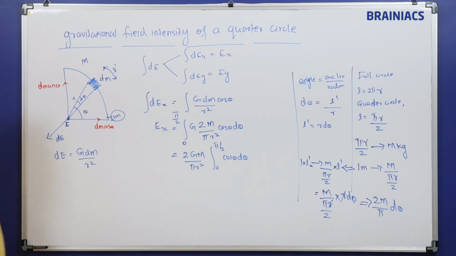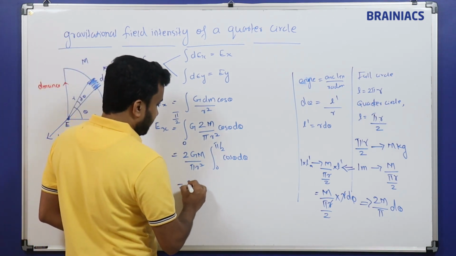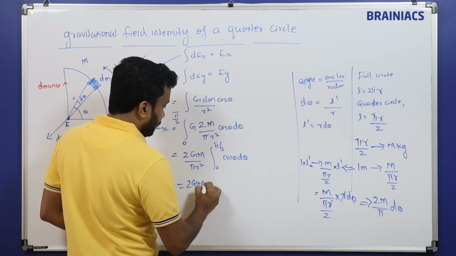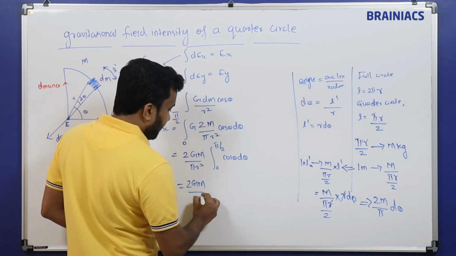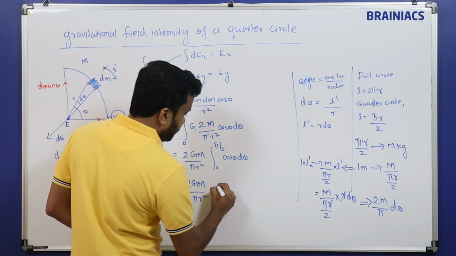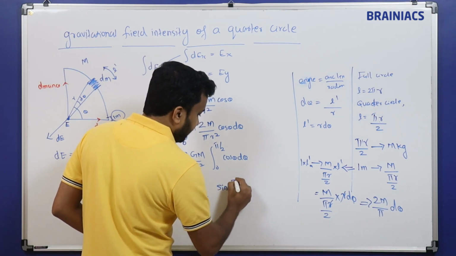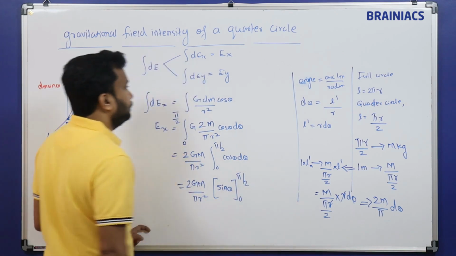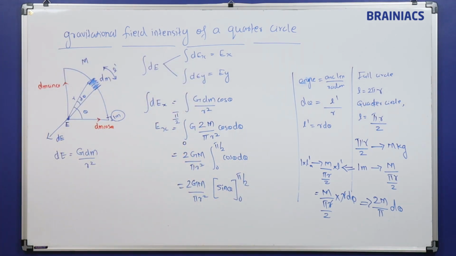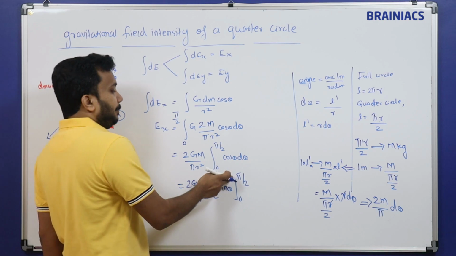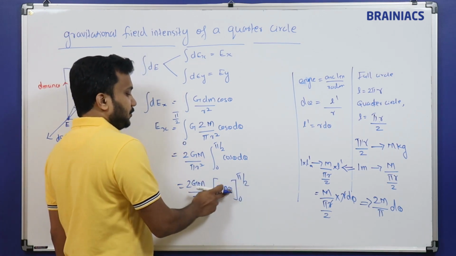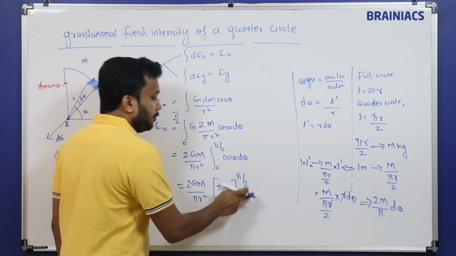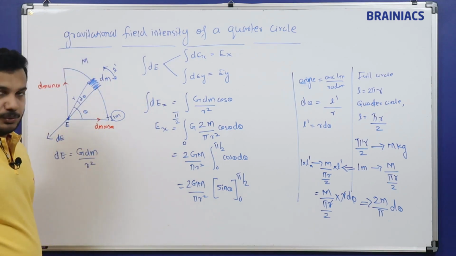Okay, what is the integral of cos theta? Integral of cos theta is sin theta, so 2gm by pi r square times sin theta with integration limit 0 to pi by 2. Now we will substitute the values: upper limit minus lower limit. So sin pi by 2 minus sin 0.